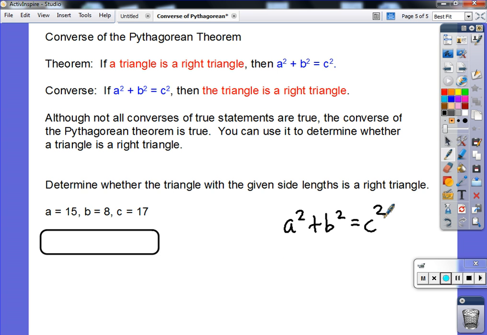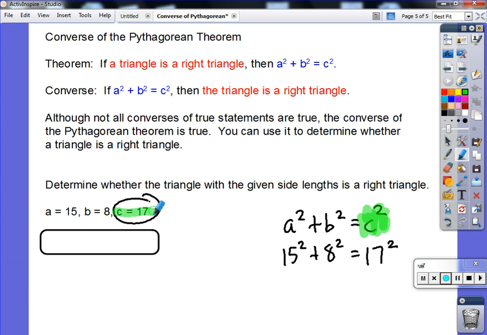I'm going to plug in my a value. I'm going to plug in my b value and my c value. One other thing to point out here real quick, make sure that the largest number, which in this case is 17, make sure that you plug that in to this part of the Pythagorean theorem. That is extremely important.